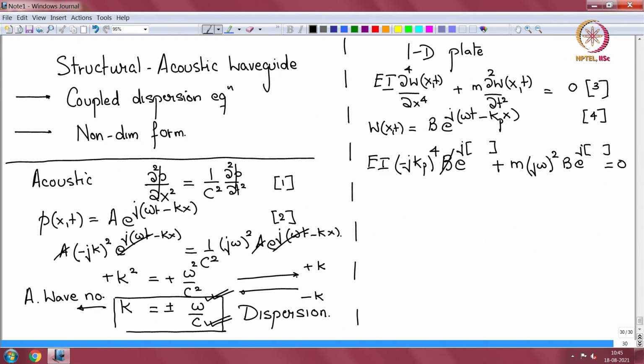So, B can cancel and this propagator can cancel.